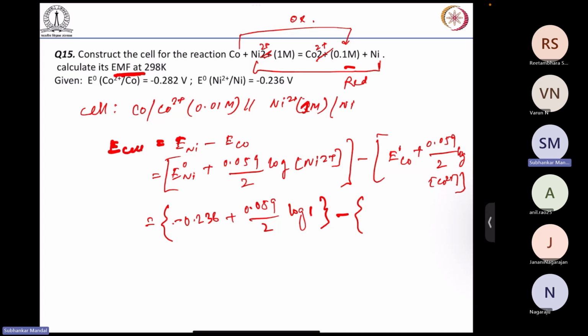Cobalt E naught is minus 0.282, and if it comes outside with the minus sign it becomes plus 0.282. This will be minus 0.059 by 2 log of cobalt concentration 0.1.